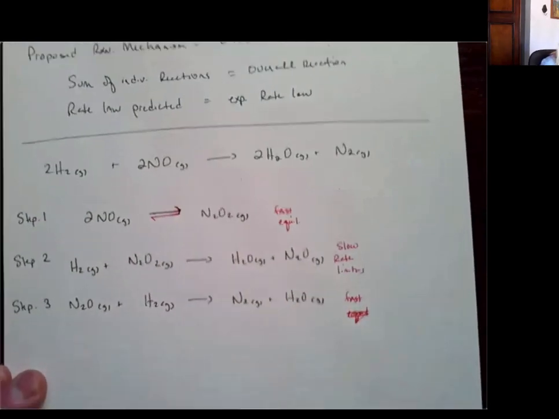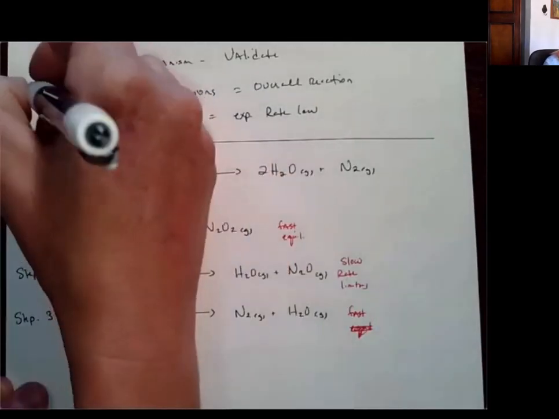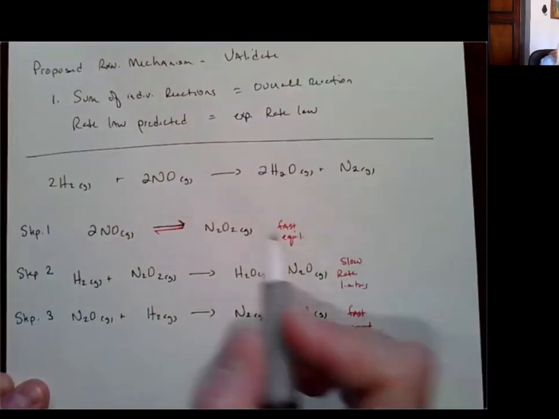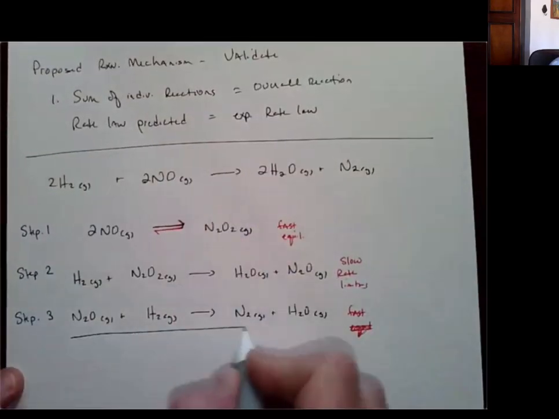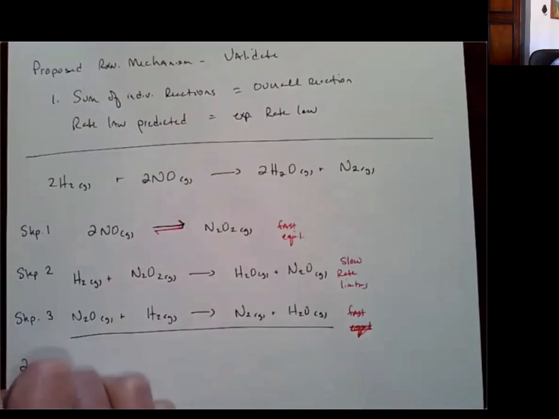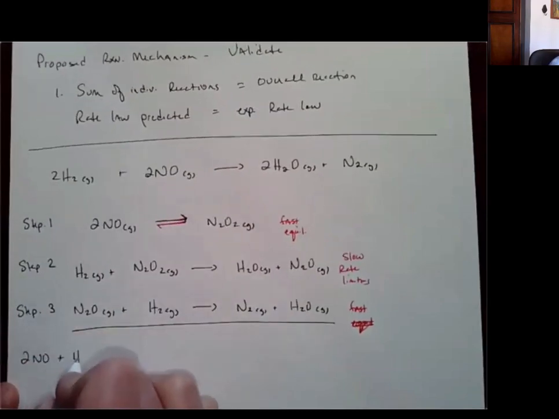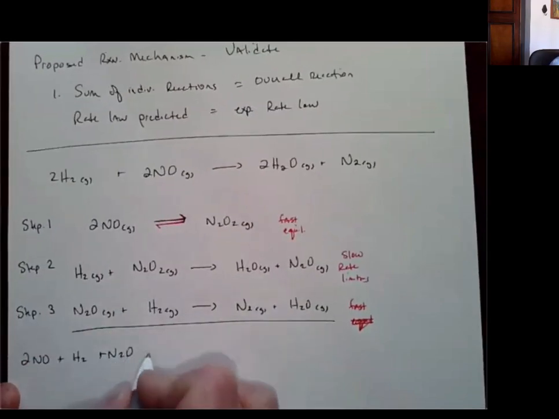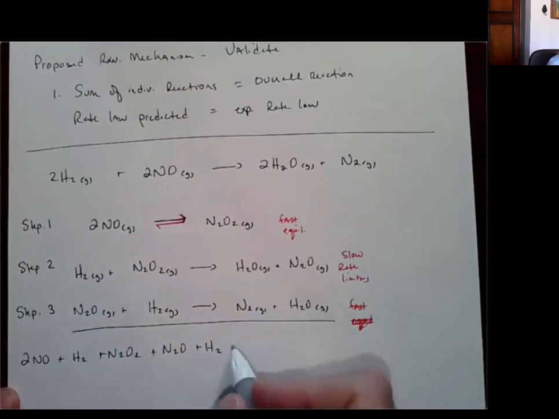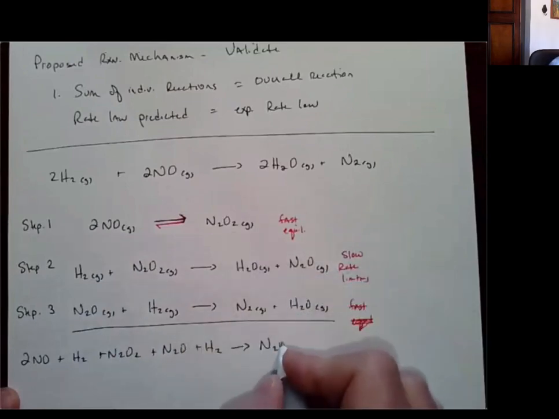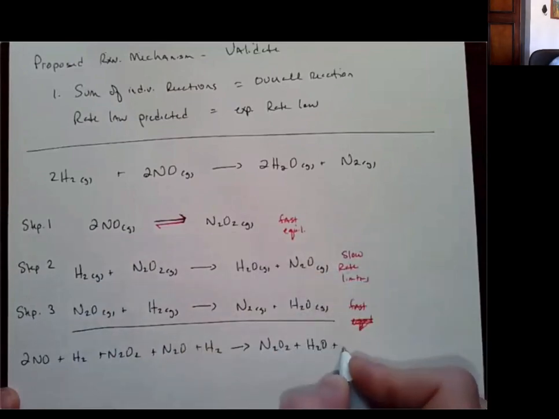So to validate it, I'm going to make sure I sum up my individual reactions to equal my overall reaction. If I sum these up, I'm going to have 2NO plus H2 plus N2O2 plus N2O plus H2. Those are all my reactants. I just took all of these and added them together. All my products: N2O2 plus H2O plus N2O plus N2 plus H2O.